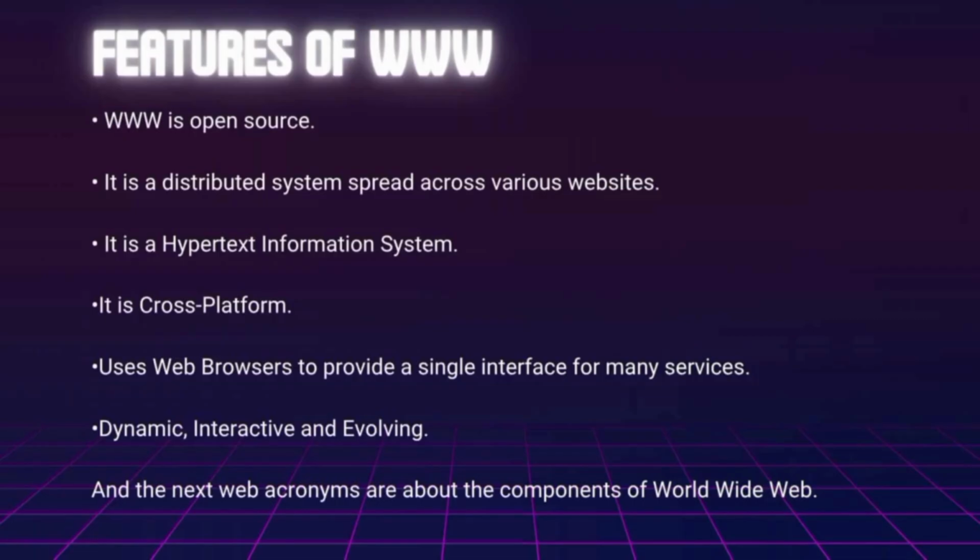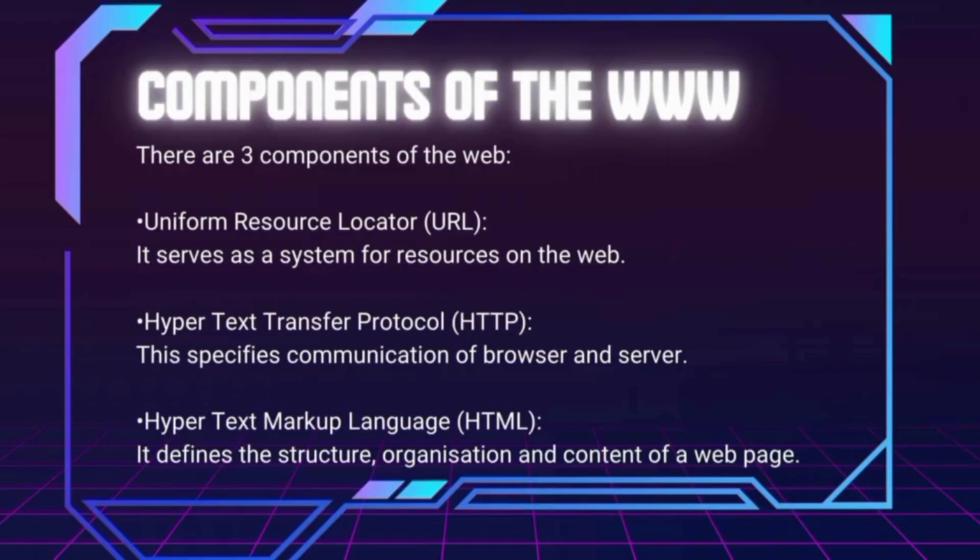As time goes by, the web has evolved from simple static pages to dynamic and intelligent applications that adapt to user needs. And the next topic is the components of the World Wide Web. And these are three components.